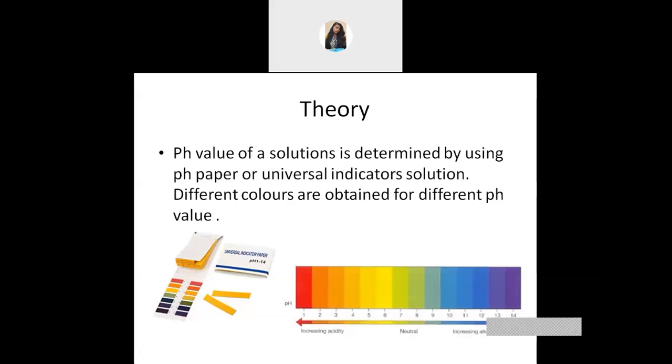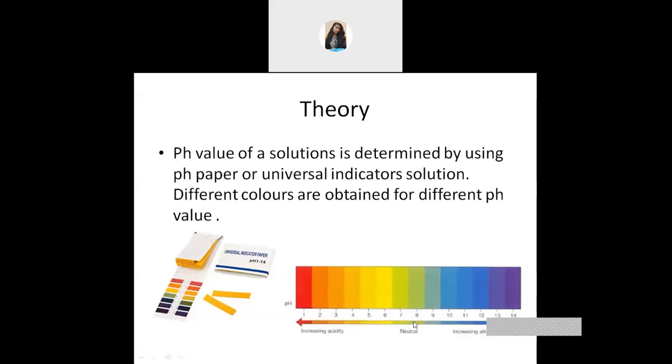In some cases you can observe that the pH paper changes its color to blue. When you compare the pH paper with this scale, you can see that for blue color the value is from 10, 12, 13, up to 14.